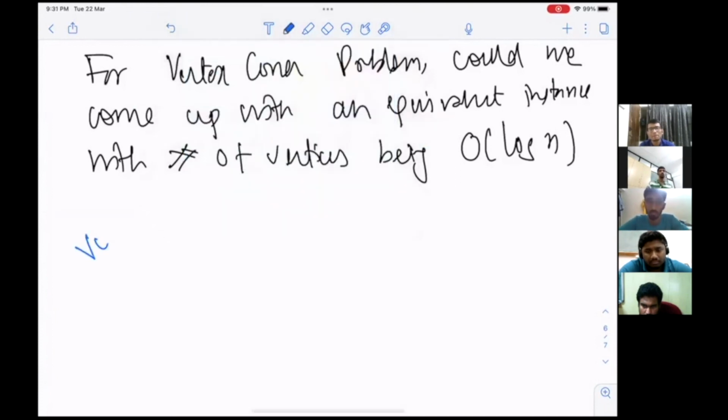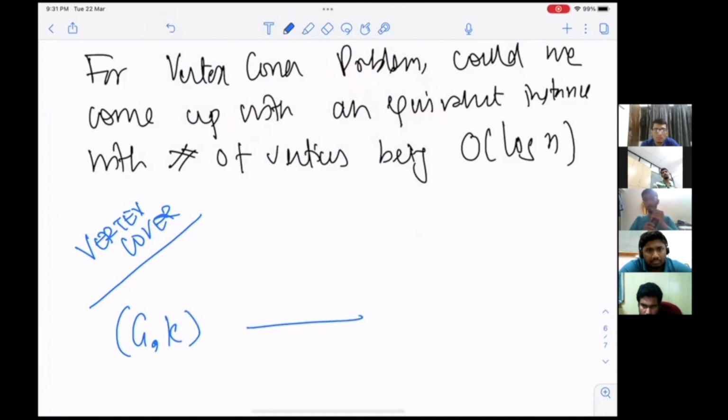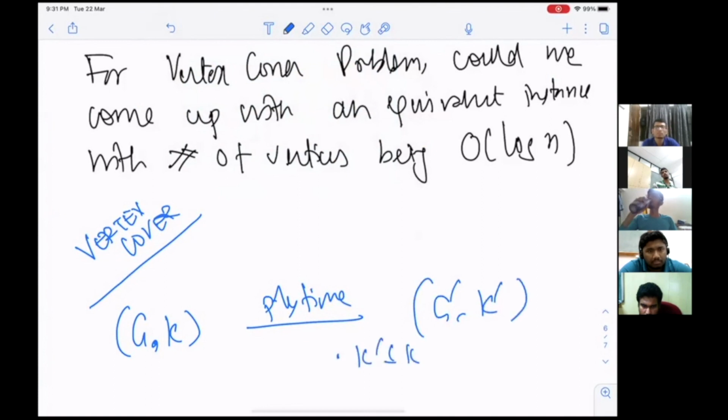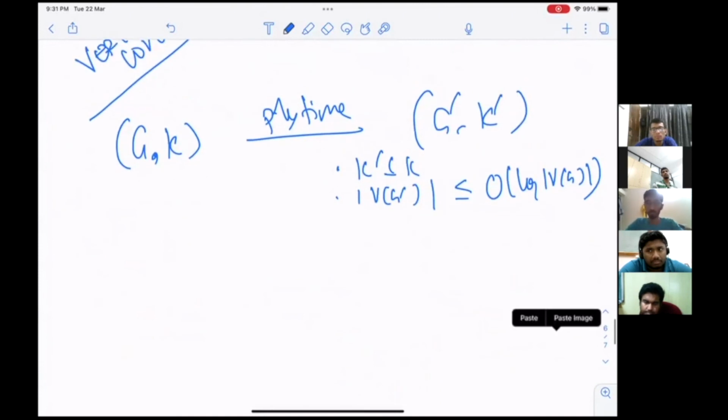Suppose we have a vertex cover instance G, K. In poly time we get G prime, K prime, with K prime less than or equal to K, and the vertex set of G prime is less than or equal to order log of the vertex set of G. Even such a transformation is not possible.